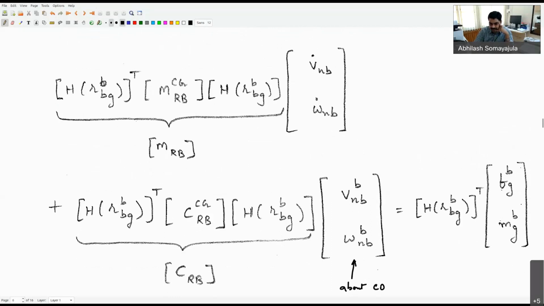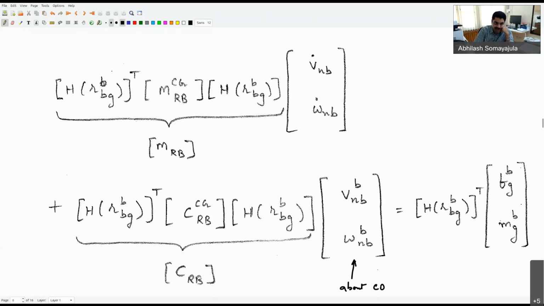Everybody with me so far? Nothing much. I've just taken those old equations of motion and pre-multiplied both sides by H transpose.